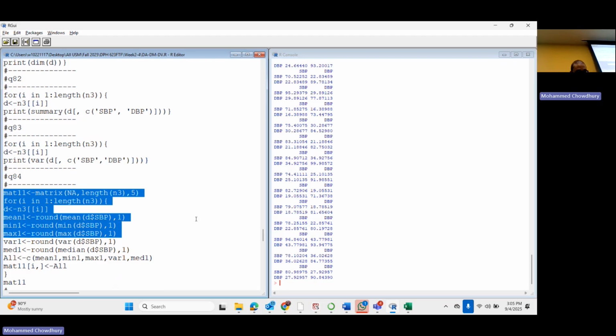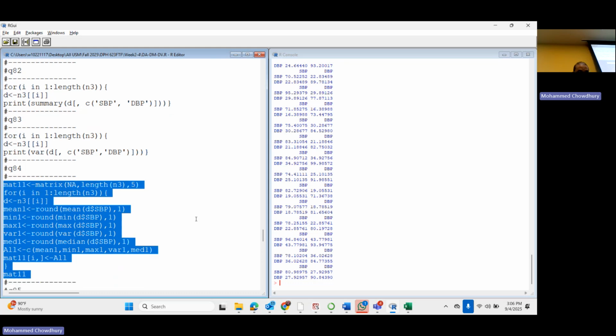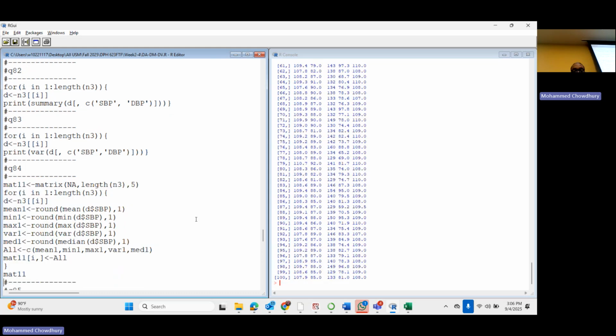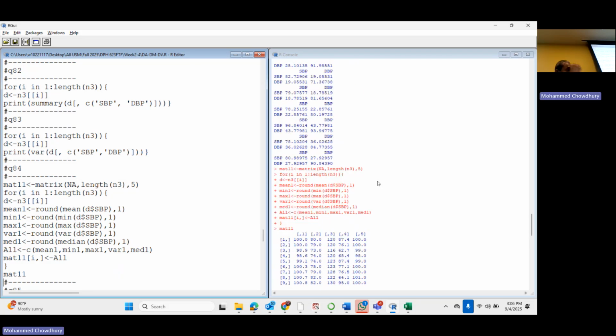And then I am creating the mean, minimum, maximum, variance, and median for the SBP value for each of the 100 data, and invoke the mat11 by plugging all of them and finally getting the output. Are you seeing these values? Take a look at that: 1, 2, 3, 4, 5.